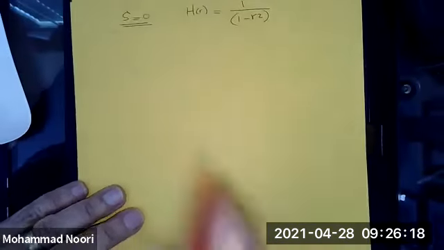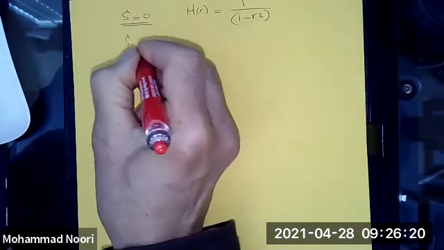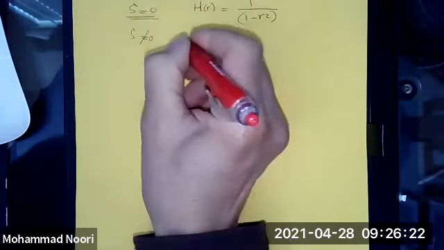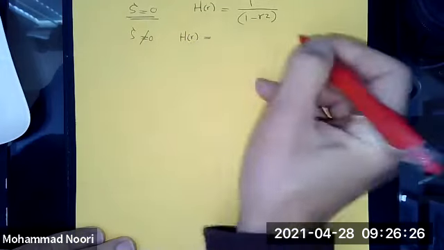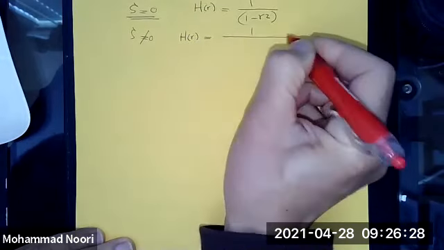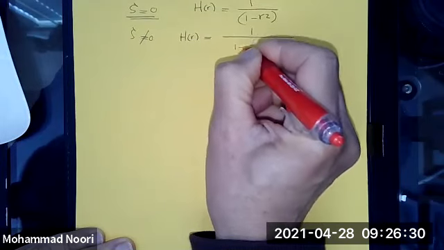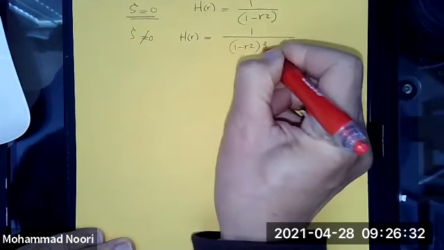But now, when damping is not 0, what you see is this magnification factor, which is that amplitude, is this, right?